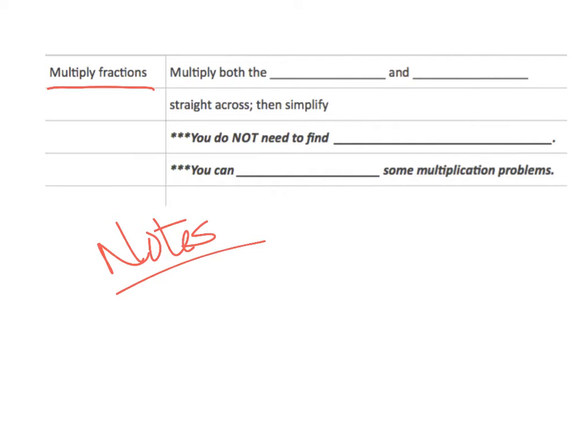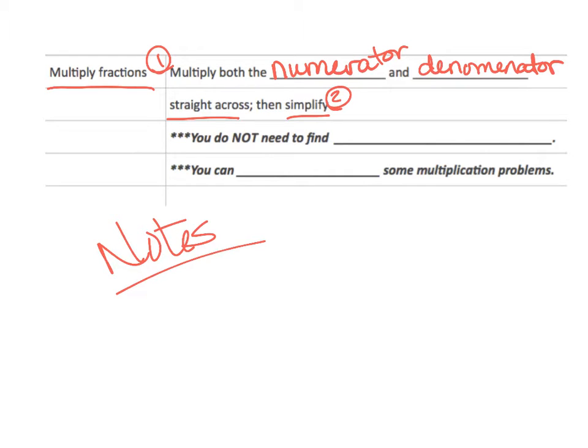Multiplying fractions. There's really two steps. Number one, you're going to multiply both the numerator and the denominator straight across. And then the second step is to simplify. You do not need to find common denominators.